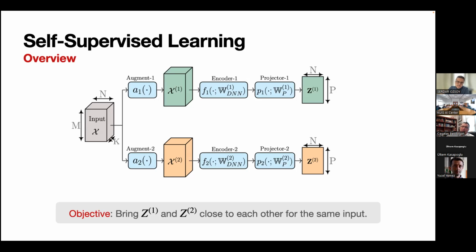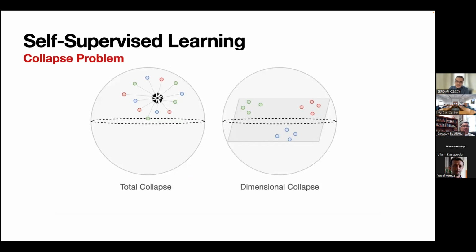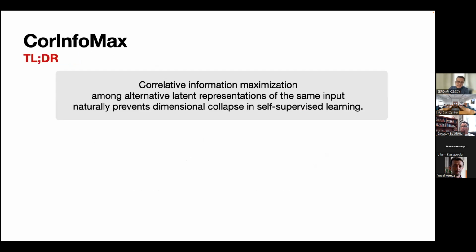However, this setting should avoid a major problem called collapse. The first type of collapse is the total collapse, where all output representations converge to a single point during training. For different inputs, we get the same constant value as the output. The second type of collapse is dimensional collapse, for which output representations lie in a strict subspace of the whole space and do not effectively use the whole output representation space.